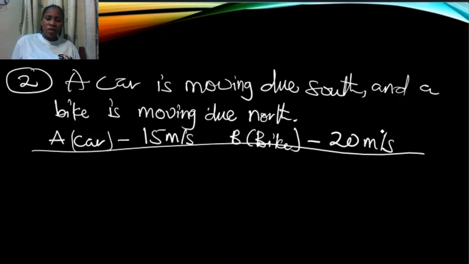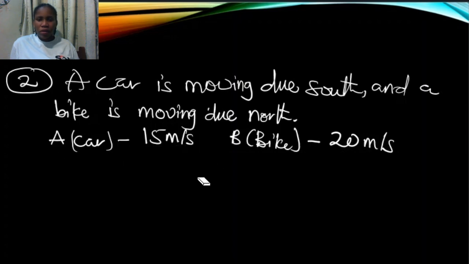So we have to find the resultant, or the sum, after adding these two vectors. So let's draw it using the cardinal point of view.